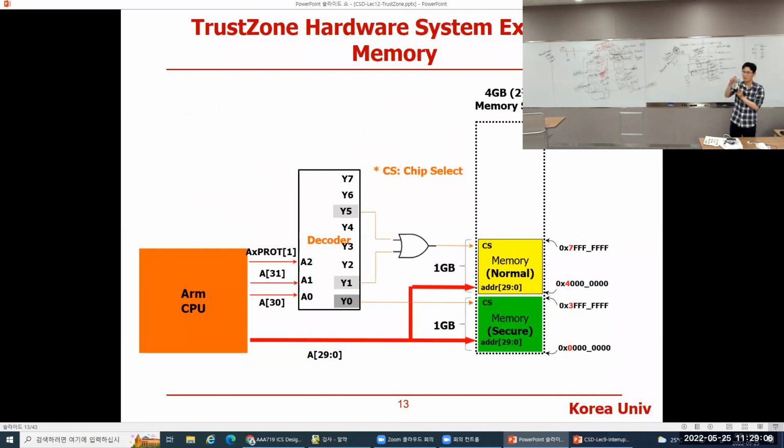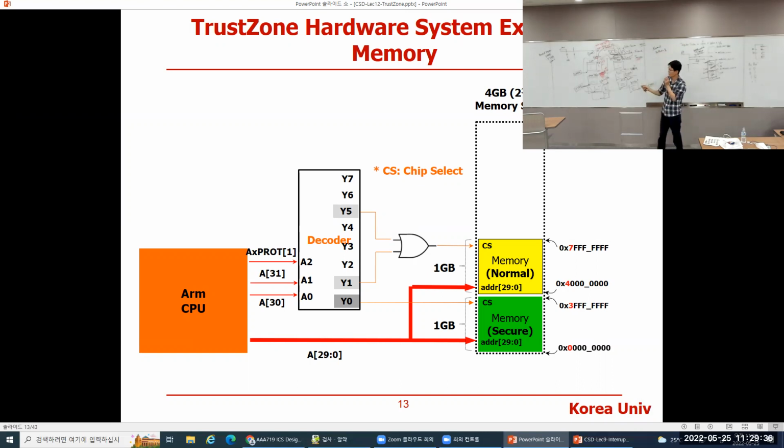So take a look at that hardware schematic. For normal world, let's talk about normal world. You are in normal world, then AXPROT is supposed to be 1.